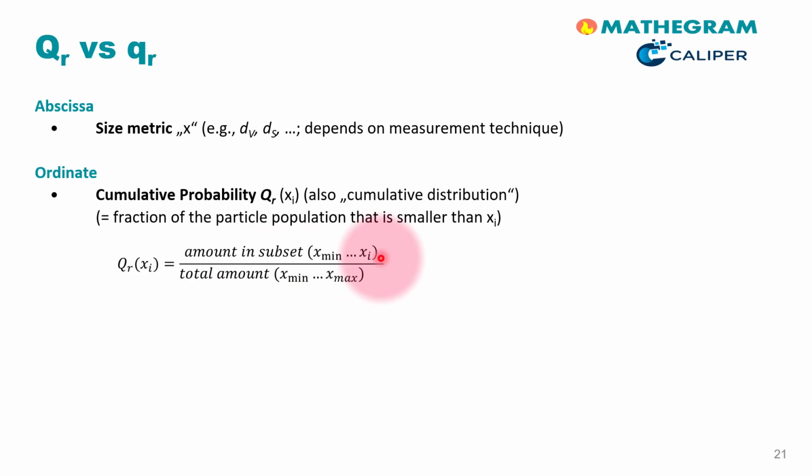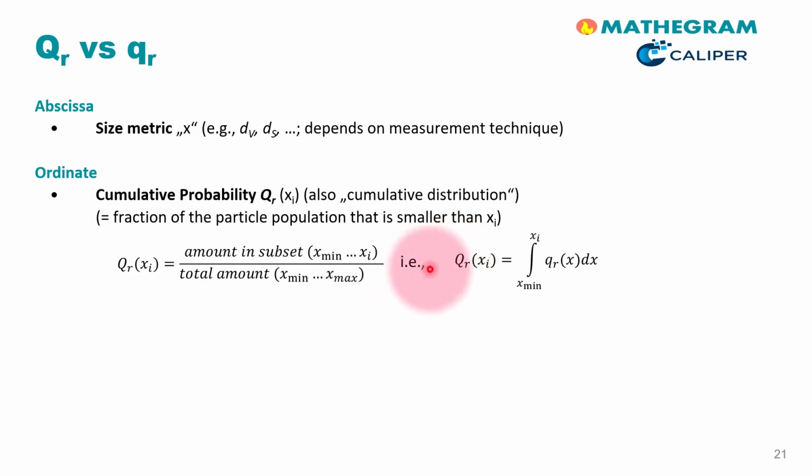How we measure the amount of something depends on further specification. For example, it can be the number-based amount or a volume-based amount of the particles. On the right, you see the connection to the frequency distribution lowercase qr. Clearly, we have to integrate qr up to the particle size xi we are considering in our cumulative distribution capital QR.